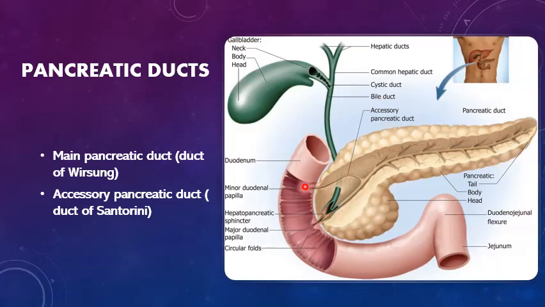Right? Then the other one is the accessory duct of Santorini. What does this do? It receives the secretions from the uncinate process. This one is the uncinate process.